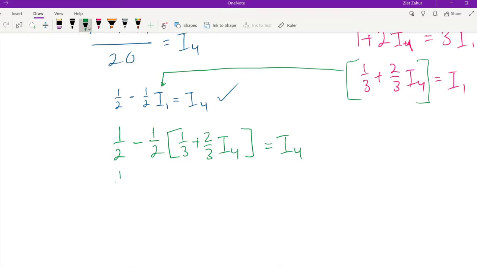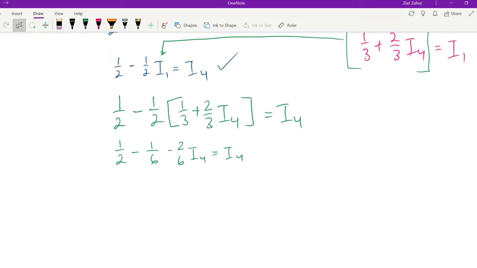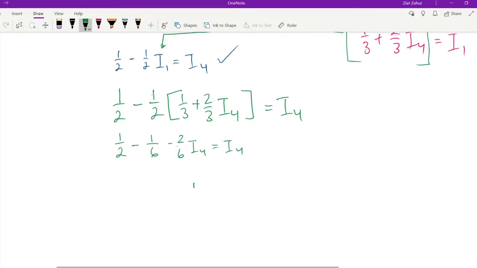Let's see, what do we get? 1/2 minus 1/2 times 1/3 is 1/6, minus 2/6 I4 equals I4. Go and add 2/6 to both sides. We get 1/2 minus a 6th. This is the same as 3/6, so 3/6 minus 1/6 is 2/6, which is 1/3.